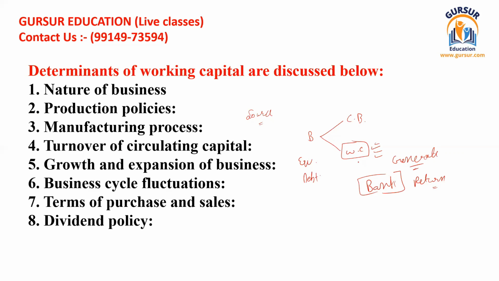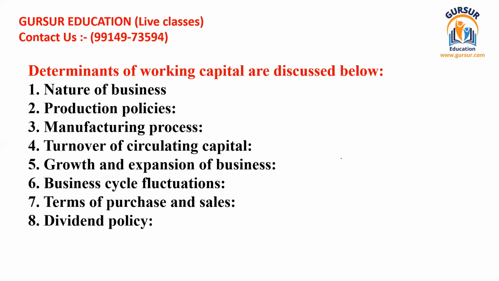So it is always desirable to not keep a much higher level of working capital in your business, because if you are having the higher working capital, then it's not generating any kind of revenue for you. So there are three basic levels.